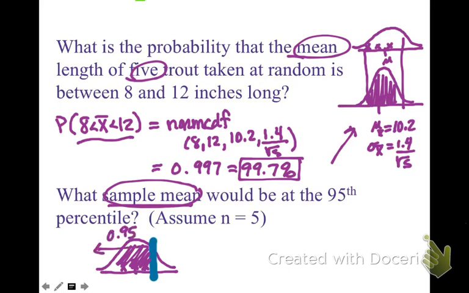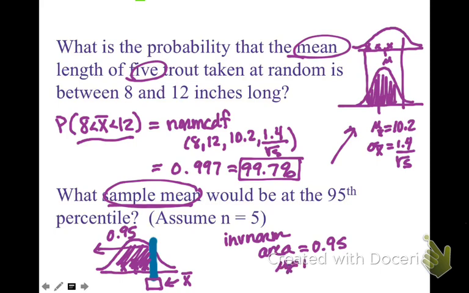If I want to know the area under a curve, I do a normal CDF. If I have an area under a curve and I want to go backwards and find what x bar, or sample mean, gives me that, I use inverse norm on our calculator. Your inverse norm calculation only does area below, and the 95th percentile says 95% of all values are at or below that sample mean.